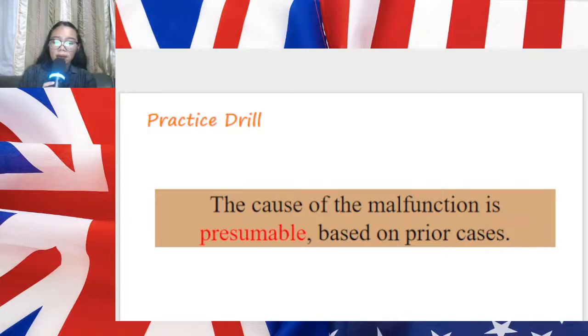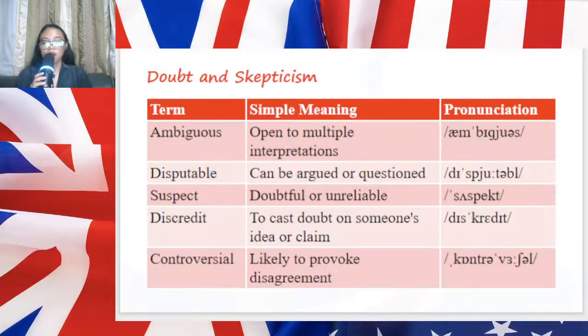All right? Okay. And then let's move on to the last set of phrases that we will be talking about, which is the third set of phrases for expressing certainty, doubt, and speculation. And this is specifically under doubt and skepticism. So these are the final set of terms that we will be discussing for today, as this is the first half.